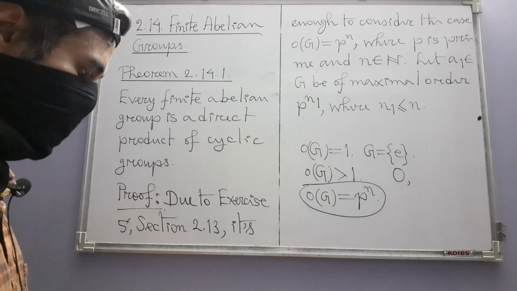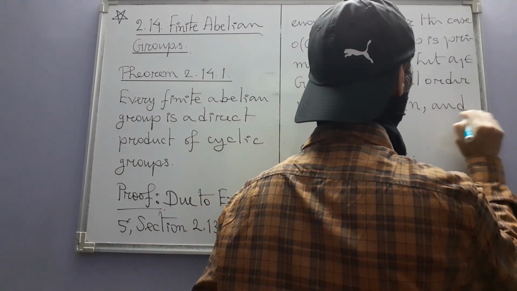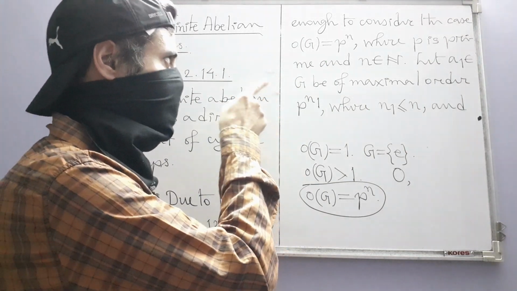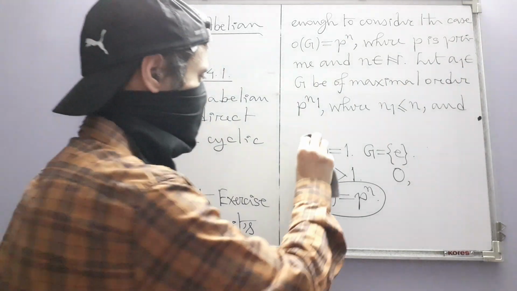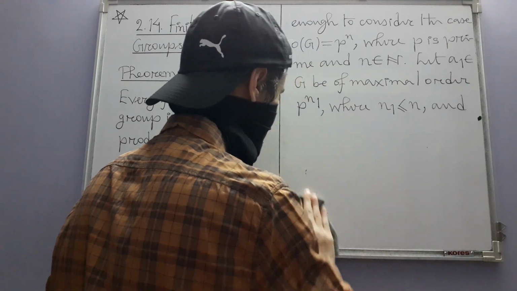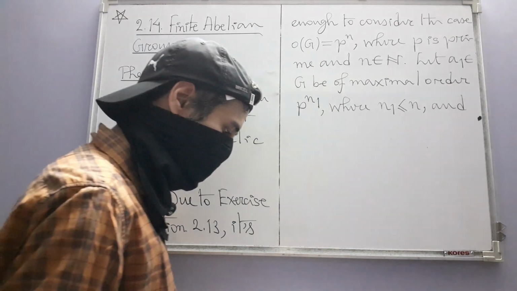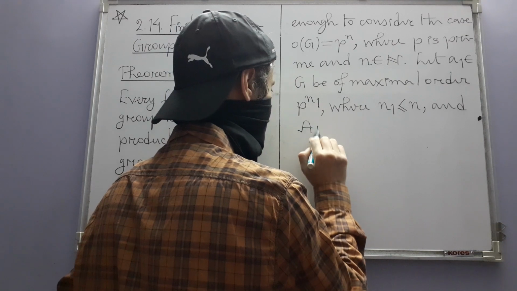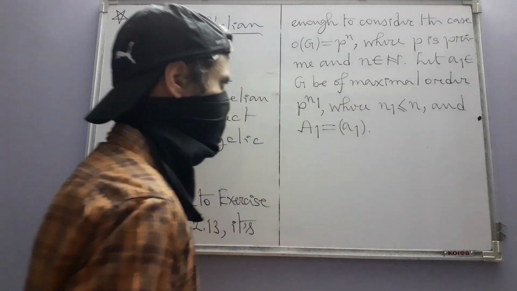Okay. And we are also going to now consider the cyclic subgroup of G generated by this element, and call that subgroup, say, capital A1. Yes, let A1 be the cyclic subgroup generated by small a1.